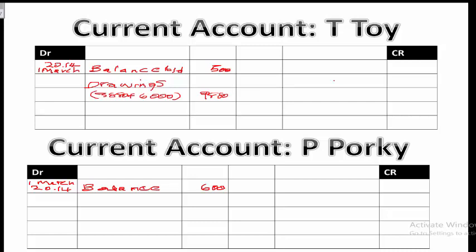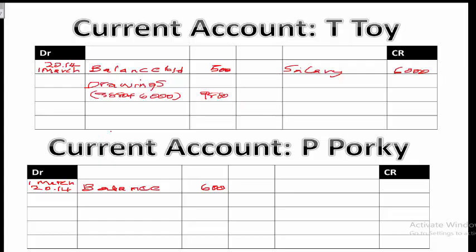That's fine. Now, interestingly, the information that we were provided was for salaries. We therefore are going to put in salaries as well, because we already know how much they got for the year, which is 6,000 for T-Toy.